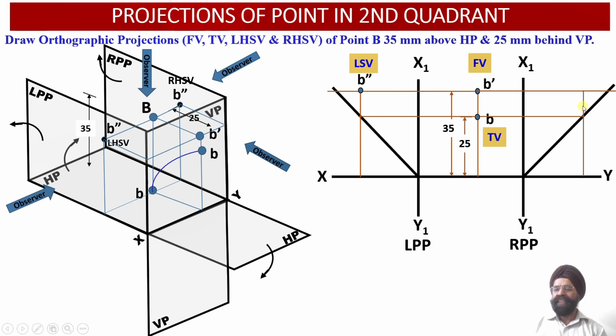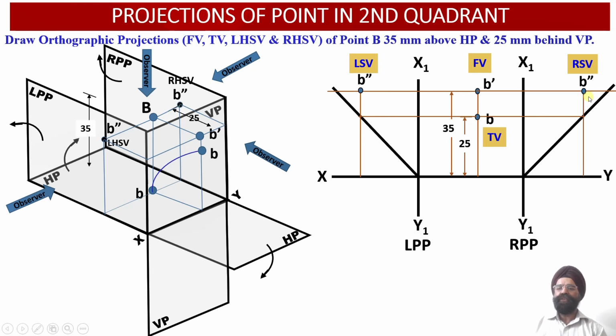And now once we extend this vertical projector line upwards, wherever this vertical projector line drawn upwards intersects with this horizontal projector line drawn through the point B dash, we will be able to obtain point B double dash into the right profile plane, and the name of this projection will be right hand side view projections over here, because the observer is looking at this object from the right hand side view orientation.